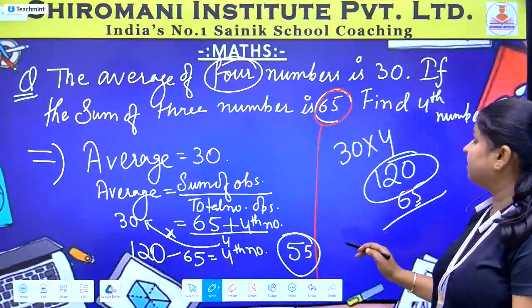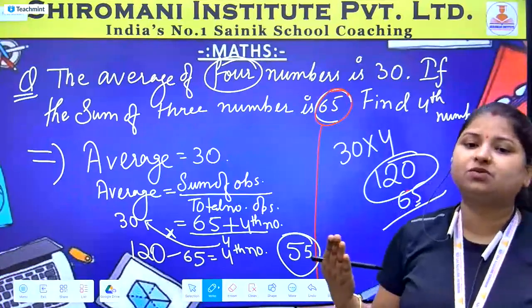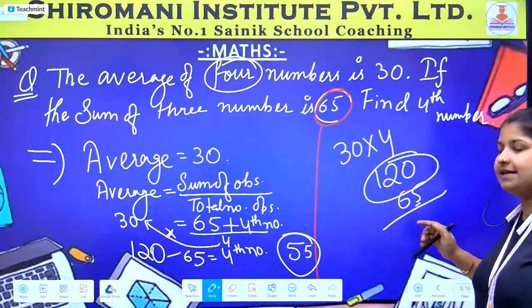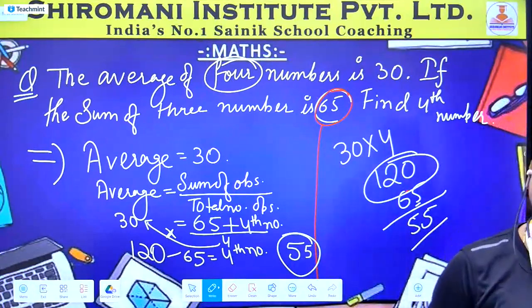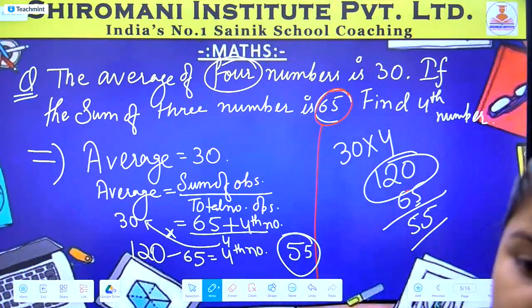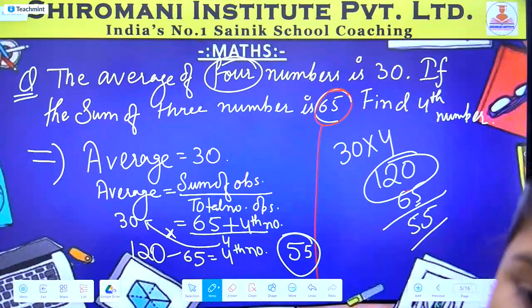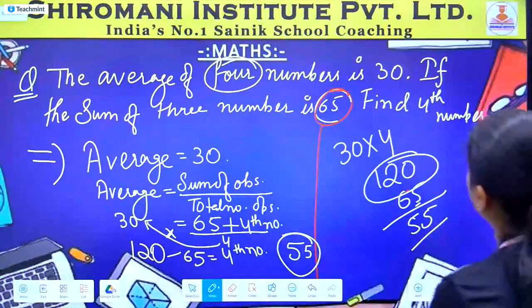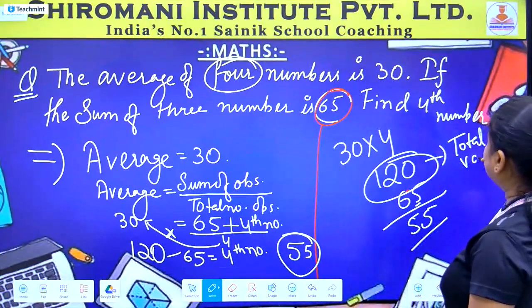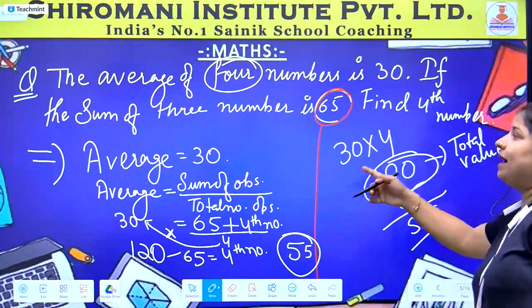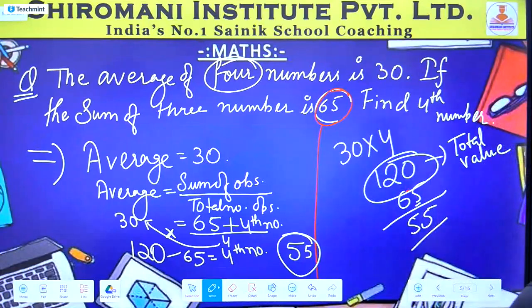That means the fourth number is 120 minus 65, that is 55. Always remember, whenever you multiply the average by the number of observations, you get the total value. Please note this down, dear.